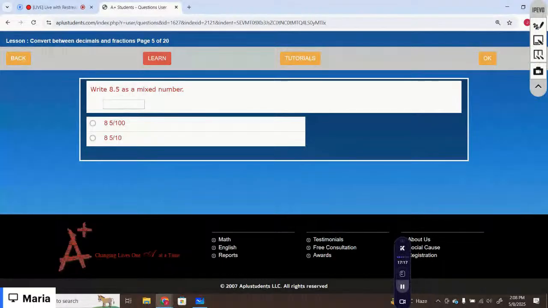Write 8.5 as a mixed number. That is 8 whole 5 over 10. Option number two is the correct option.